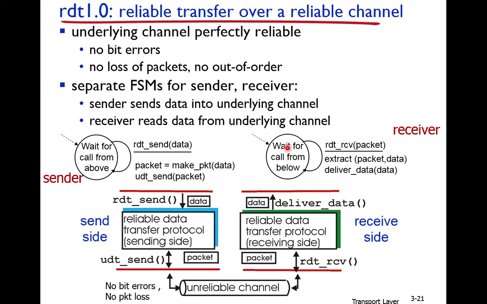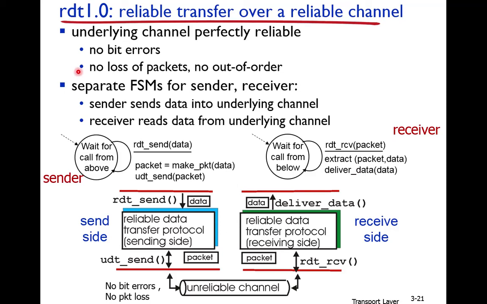Okay, so at the receiver side, the transport layer is waiting to receive the data from the underlying channel, that is the RDT receive method. It receives the data from the underlying channel when it arrives physically. And what are the actions performed? The data is extracted from the packets, and that data is delivered to the application.